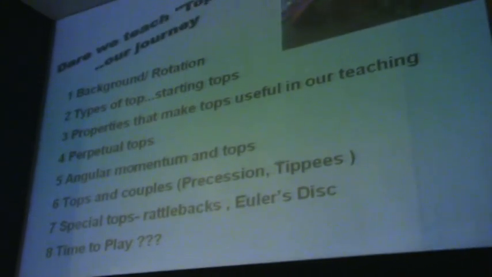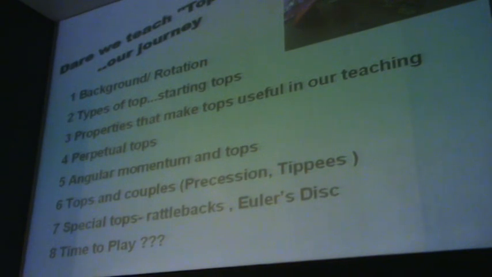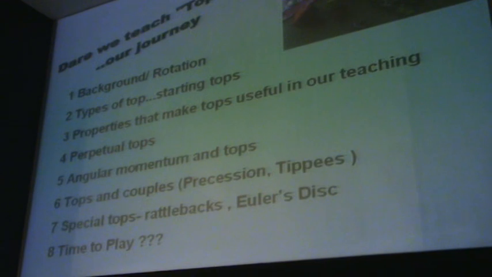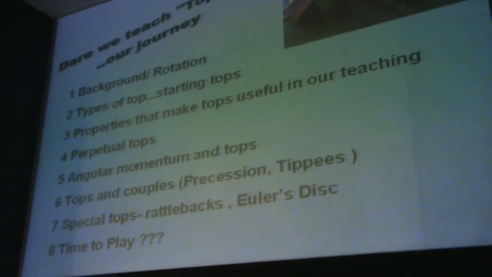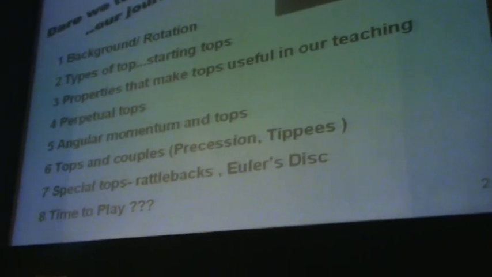So we look at types of tops, starting tops. We look at one or two properties of tops that make them useful in just the run-of-the-mill teaching as we go through teaching about friction and energy and so on. We'll have a look at perpetual tops, which of course don't really exist, but we call them perpetual tops. We'll look a little bit at angular momentum.